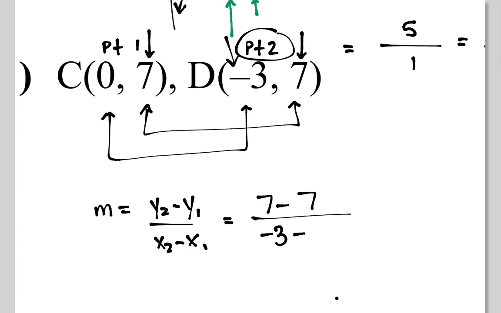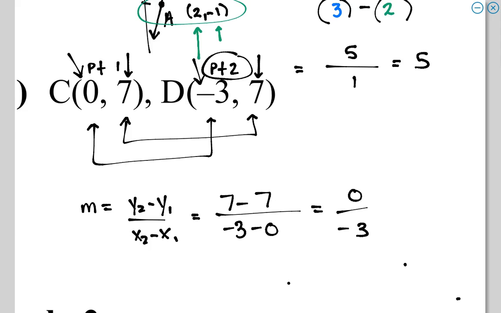And I have to subtract 0. Well, the top number is 7 take away 7, which is 0. And then negative 3 take away nothing is negative 3. So what is 0 divided by anything? 0. So this slope is 0.